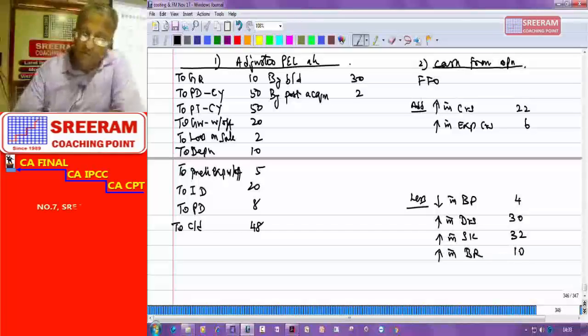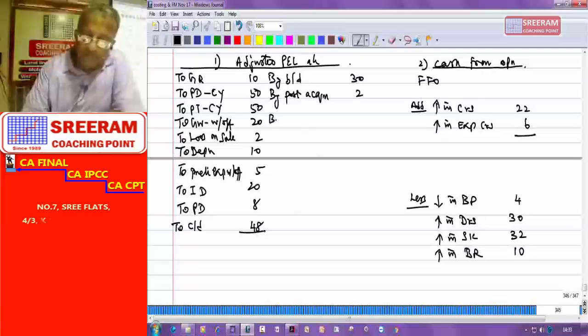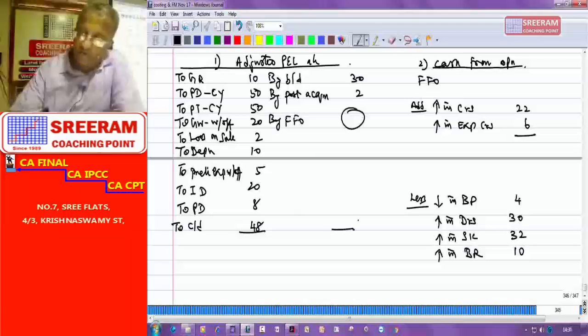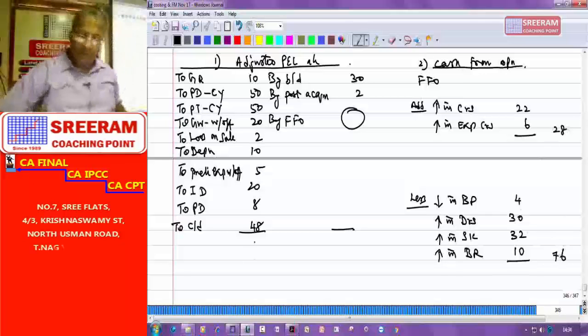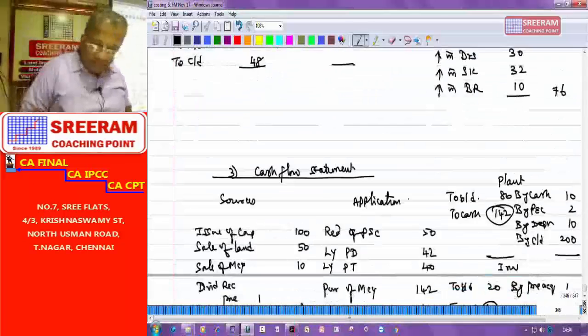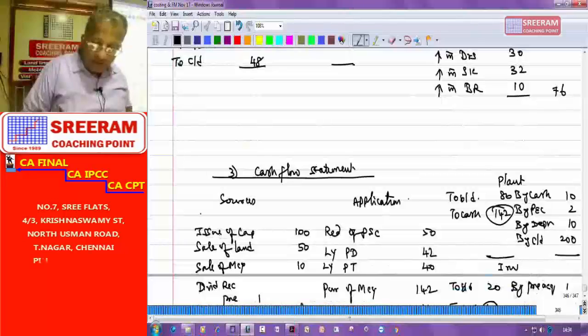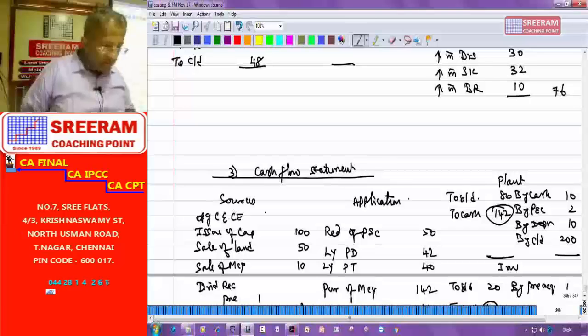Now funds from operation we have got to update, correct? And at the same time cash and bank balance we have got to take up. Opening cash and cash equivalent. What is the opening cash and cash equivalents? 25.